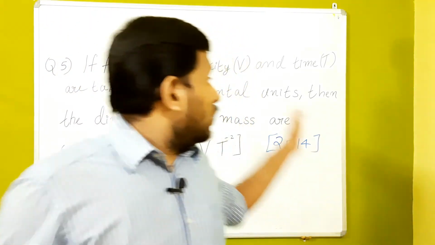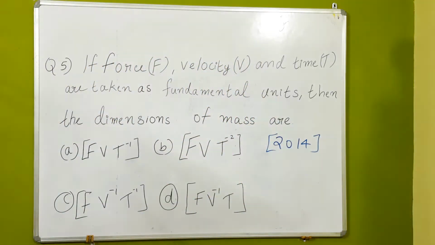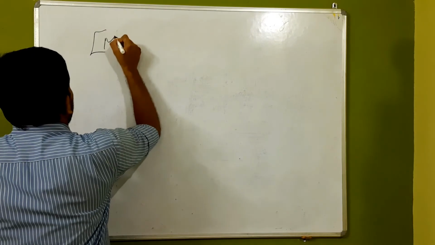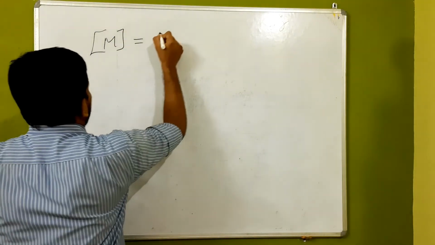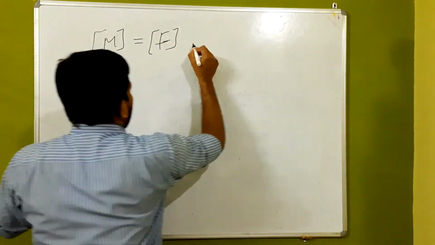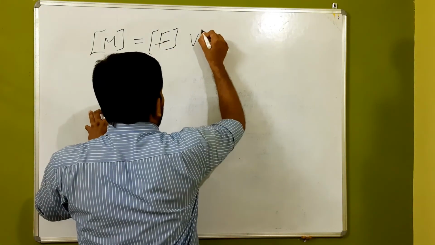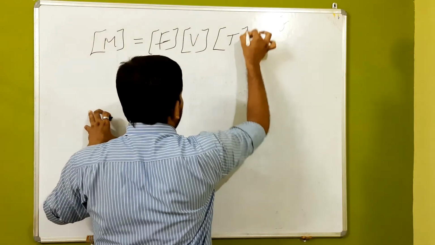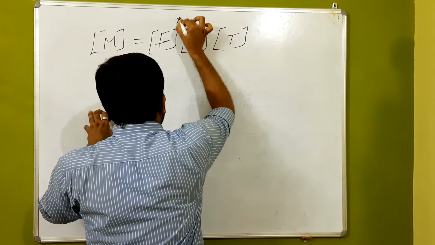Okay, so let's do it. I hope you have got the answer by doing the previous method. That is, we have to find the dimensional formula for mass in terms of force, velocity and time.